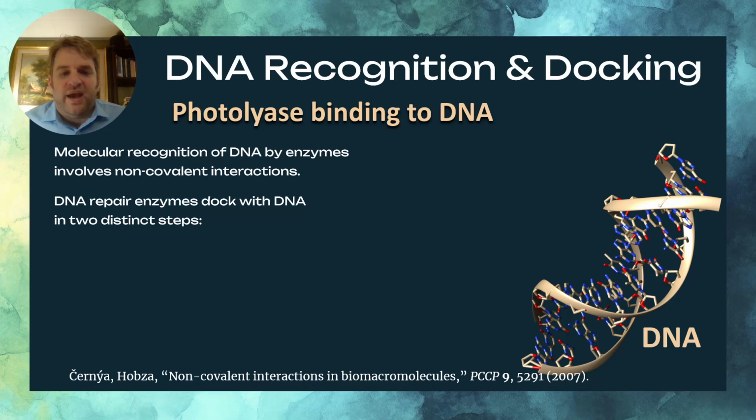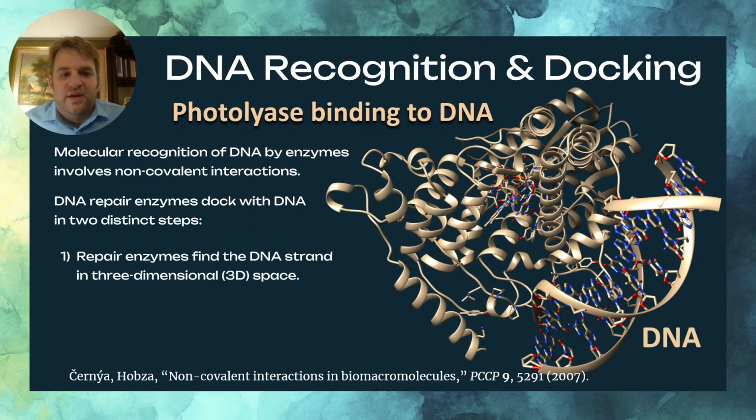So you can imagine initially photolyase binding to DNA. As it does so, this is in fact the first step in the recognition process, as a repair enzyme like photolyase needs to find a DNA strand while floating around diffusing in three-dimensional space.